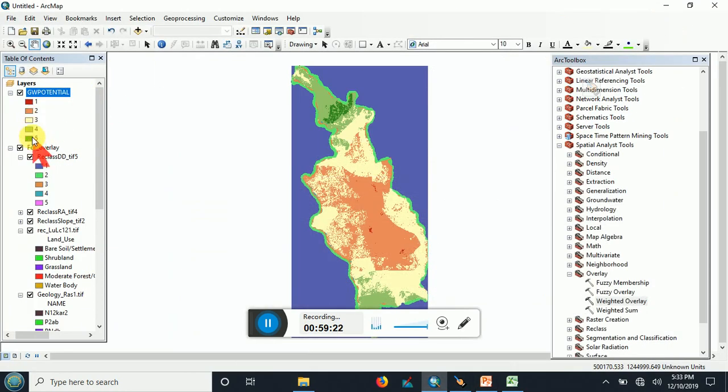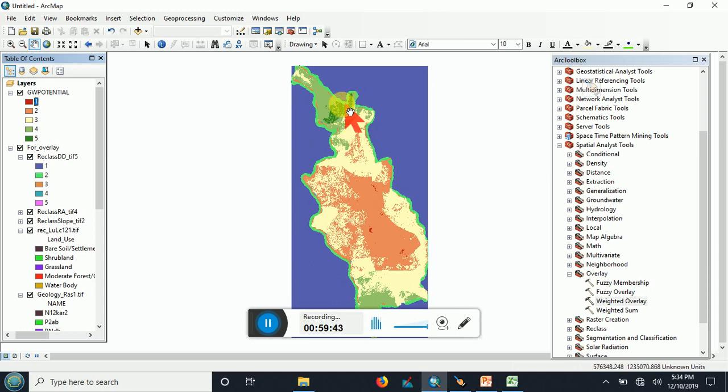So 5 means very good, no? We can change it into very good, and 1 means very poor groundwater potential zone. When you consider them with this color, dark green, you can see that the dark green areas are only concentrated here.